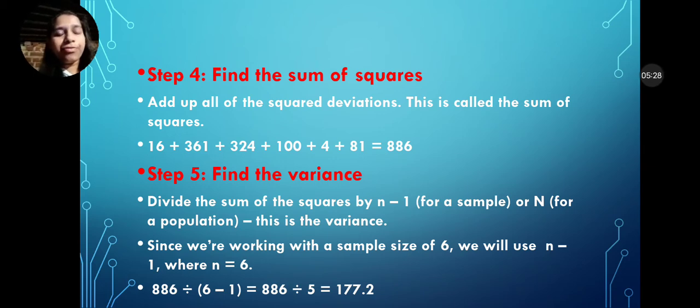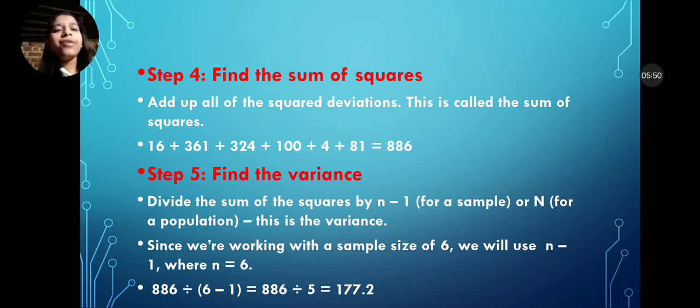The fifth step is find the variance. Divide the sum of squares by n minus 1 for a sample, or by big N for a population. This is the variance.